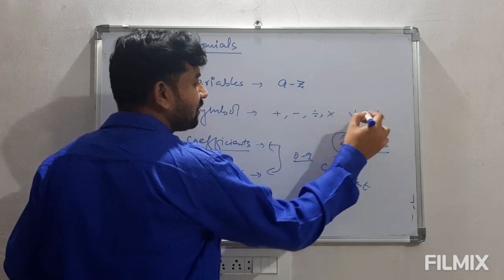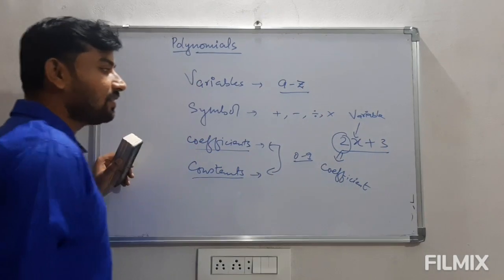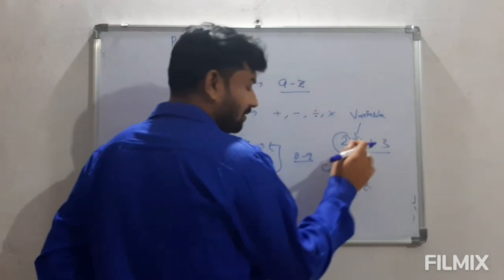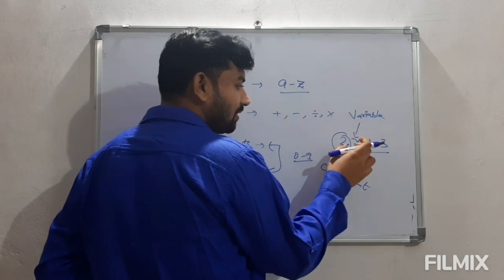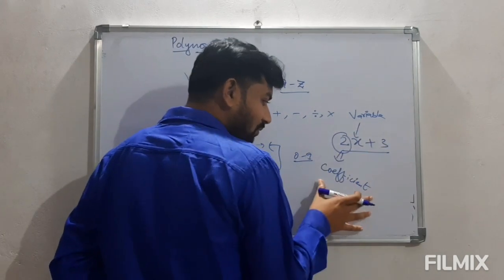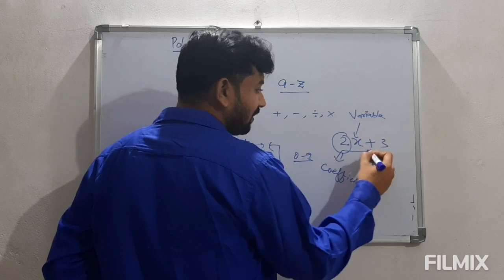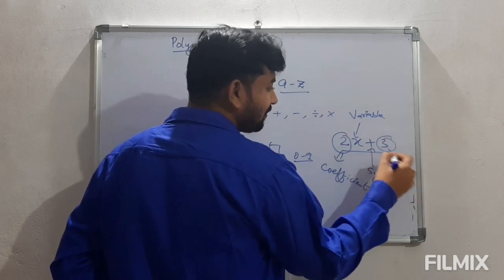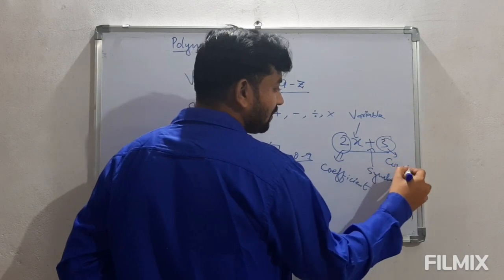As I told you, a variable is a small letter of the English alphabet. The number which is with the variable is called the coefficient. This plus sign here is a symbol, and the number which is alone is called the constant.